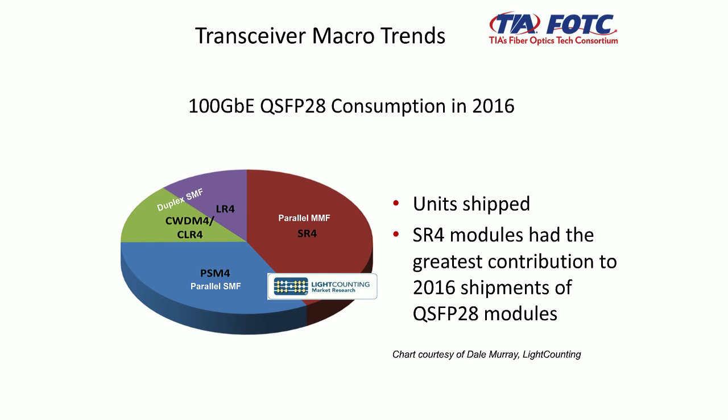The fastest growing is actually CWDM4, CLR4. The second fastest growing is PSM4, parallel single mode. Both of those, the green and the blue, are driven by hyperscale, and the cost is being driven down by volume, the amount of transceivers that these guys are consuming.